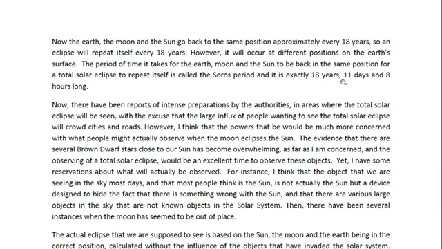It is exactly 18 years, 11 days, and 8 hours long. So if we get a total solar eclipse at a certain point, then 18 years, 11 days, and 8 hours later, we will get exactly the same eclipse. However, it will not necessarily be over the same point on the surface of the Earth.